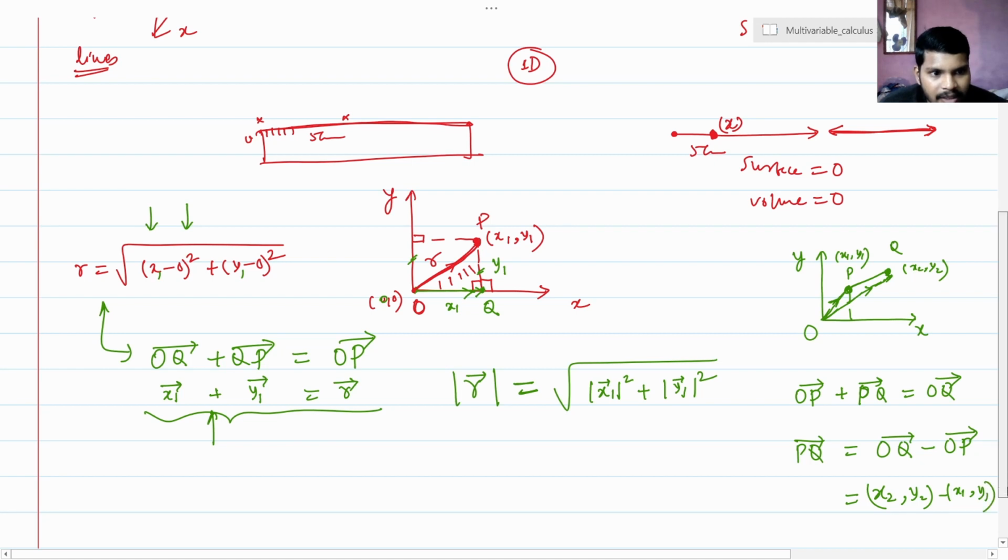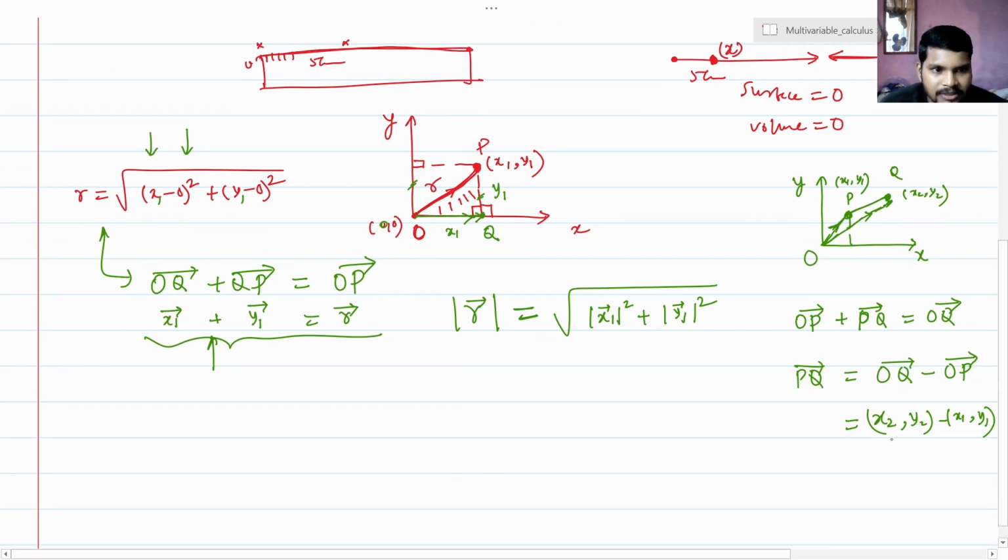So what does it mean? When I write x2, it shows you the x coordinate. y2 is just showing you the y coordinate. Over here also, x coordinate and y coordinate. And we understand perfectly well that x is subtracted from x and y is subtracted from y. So I can write x2 minus x1 and y2 minus y1. So getting this coordinate is basically telling you the PQ vector or position vector.